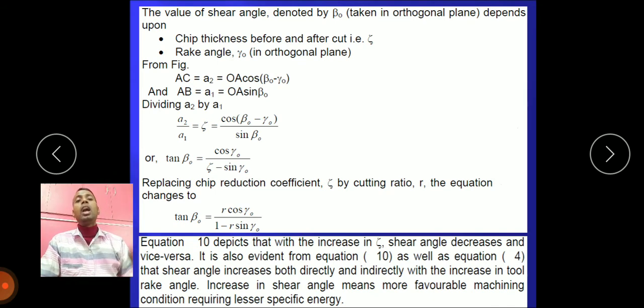Very important thing. All of you, please remember this. Tan beta O equals cos gamma O by (xi minus sin gamma O). Or if we replace the chip reduction coefficient xi, it comes to tan beta O equals r cos gamma O by (1 minus r sin gamma O).